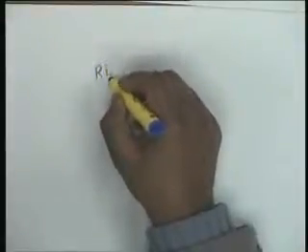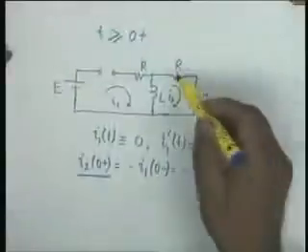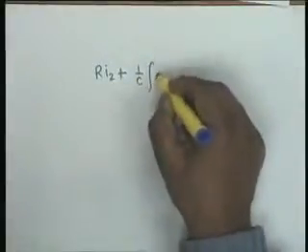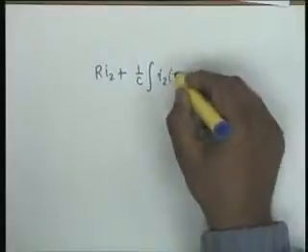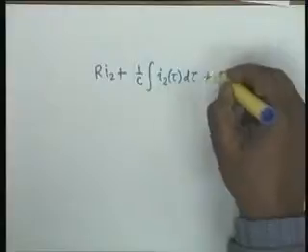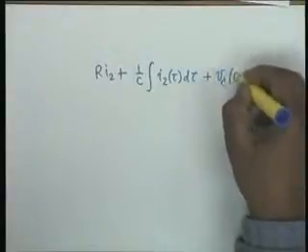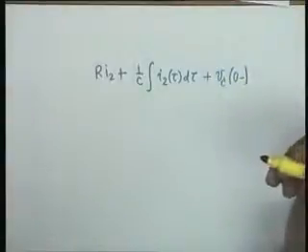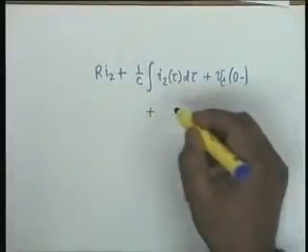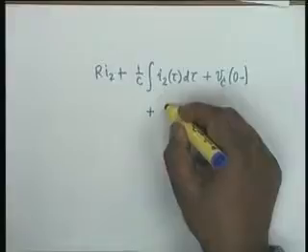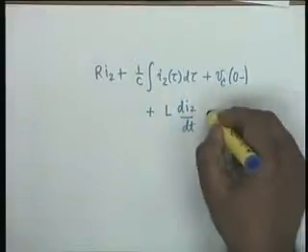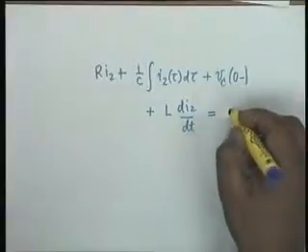It is Ri2 plus 1 over C integral I2 tau d tau plus V sub C 0 minus, then plus L di2 dt, that should be equal to 0.